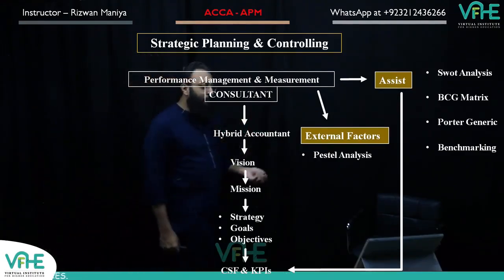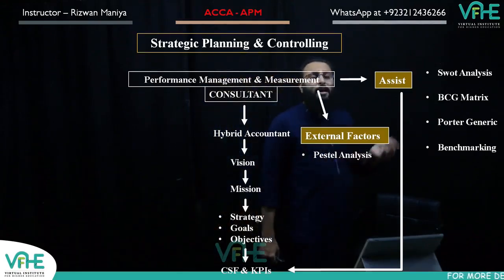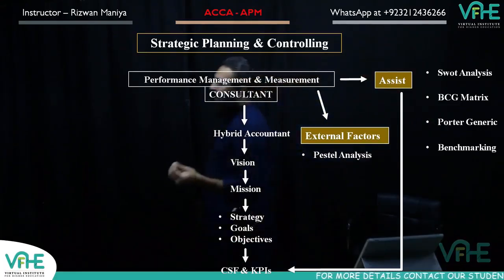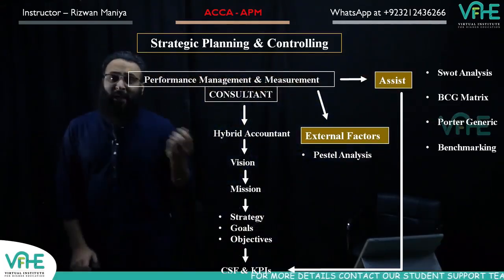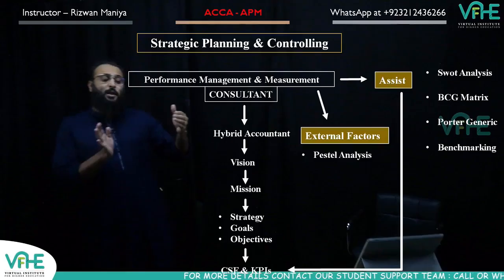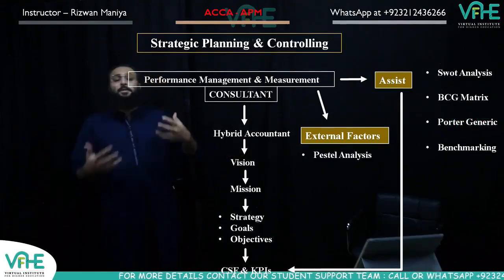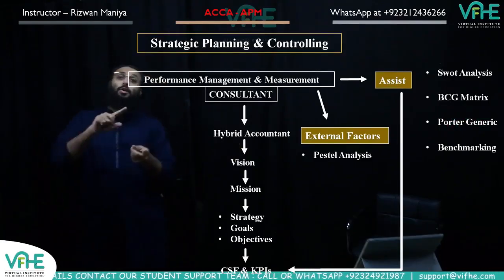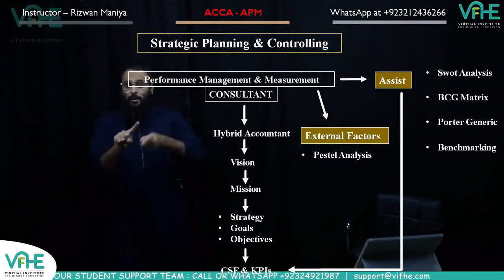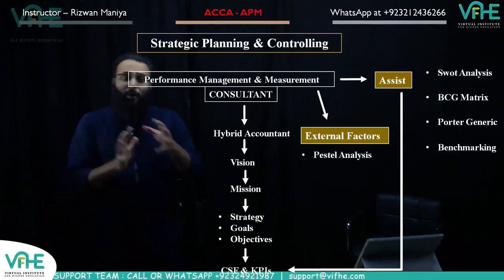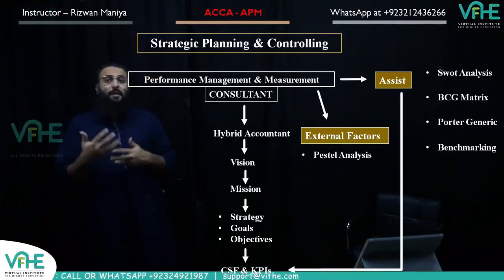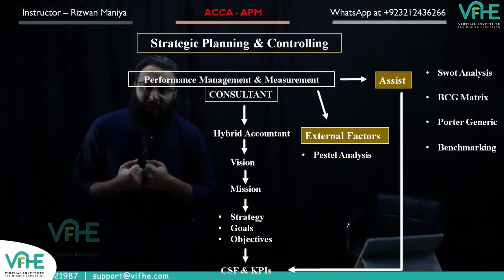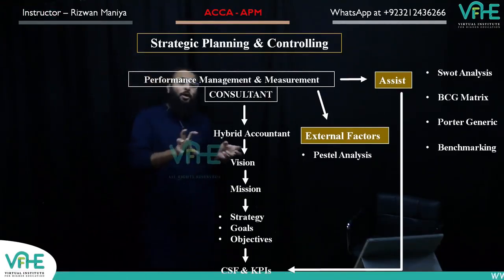Which means, for example, in a technology-based environment, your KPIs would be very much tech based, like the number of new products launched by the business, percentage of income from the new products, plus time to develop the product. Now, why I'm saying time to develop the product is because the quicker you develop, the better you go into the market and you take the first mover advantage. So your KPIs are according to that.